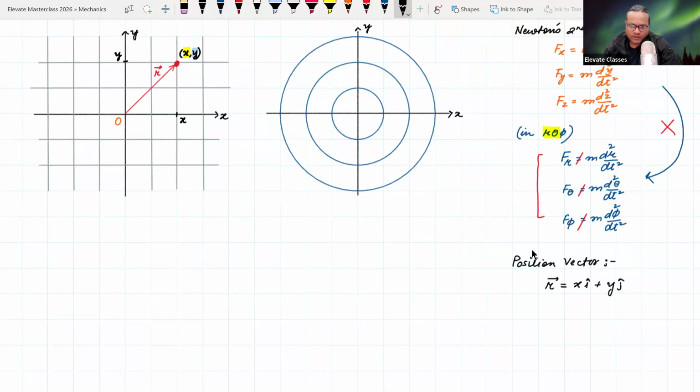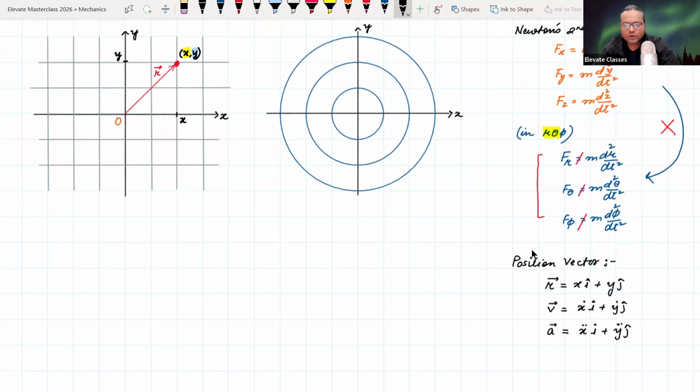I can define other quantities. I can define the velocity vector. The velocity vector is quite simply put the time derivative of the position vector: x dot i cap plus y dot j cap. I can also define the acceleration vector. The acceleration vector is the time derivative of the velocity vector. So x double dot i cap plus y double dot j cap.